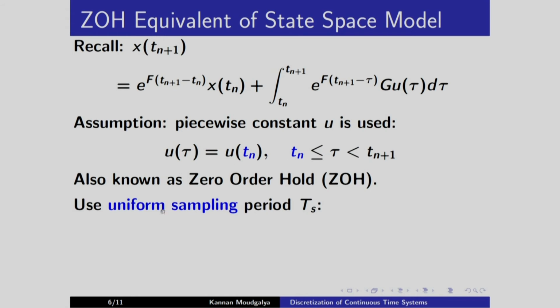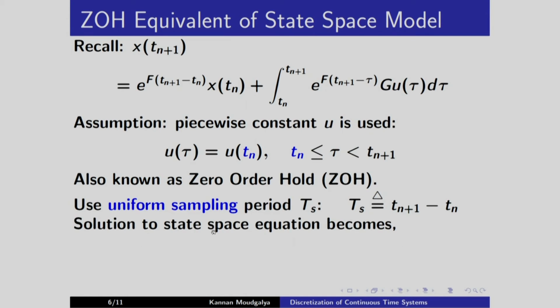Next, we will assume that the system is sampled at a uniform rate with a period Ts, which is equal to Tn plus 1 minus Tn. Recall that this is called the definition operator. So we are defining this new variable called Ts as follows.